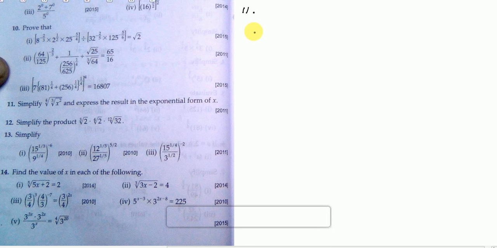11th question is simplify 4th root of cube root of x square and express the result in the exponential form of x.